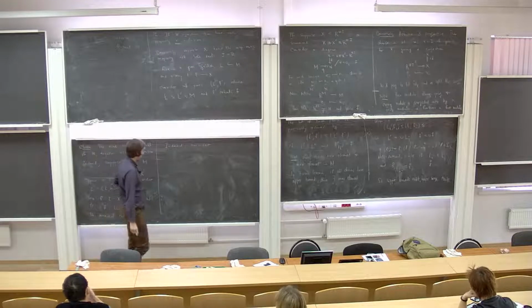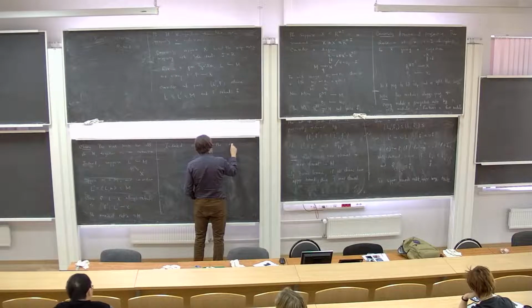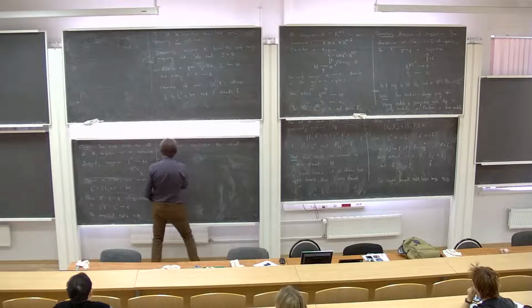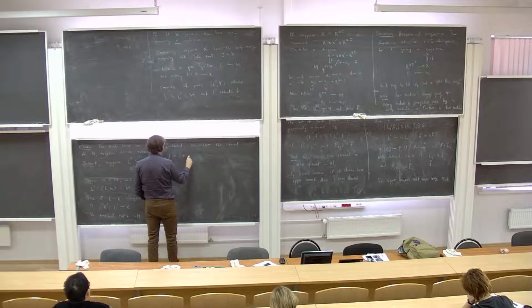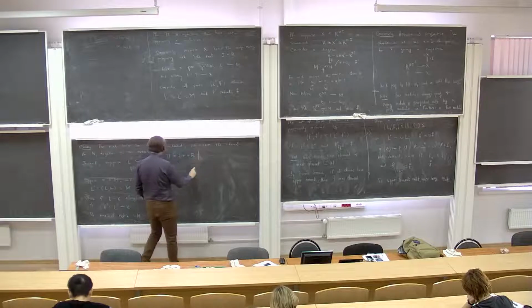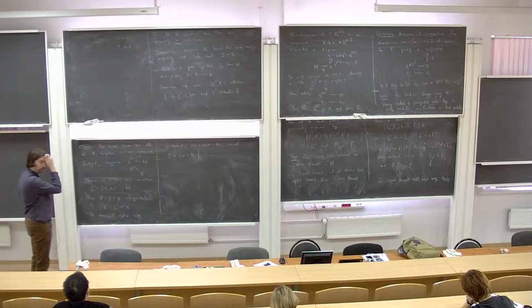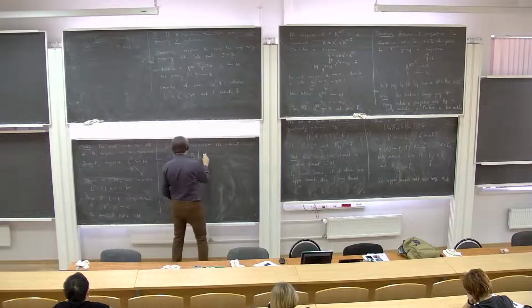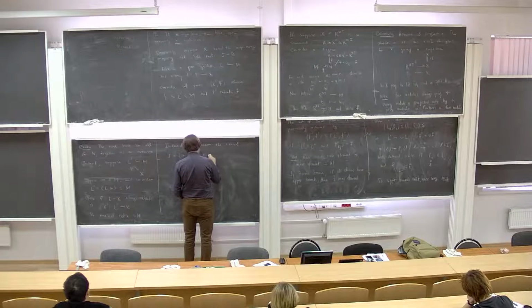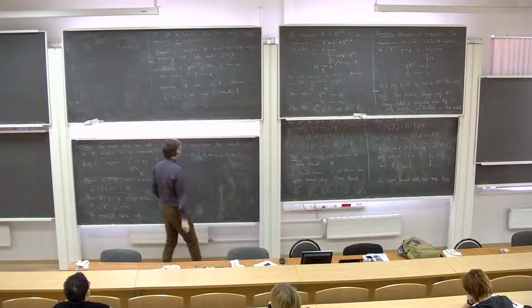So consider the ideal J, which is going to be all r in the ring, such that r times this element m lands in L. So L was the fixed submodule.